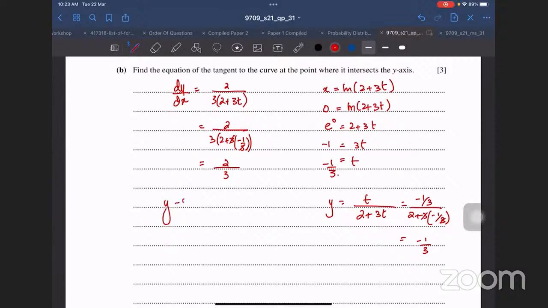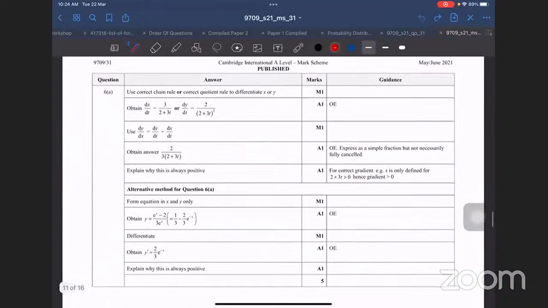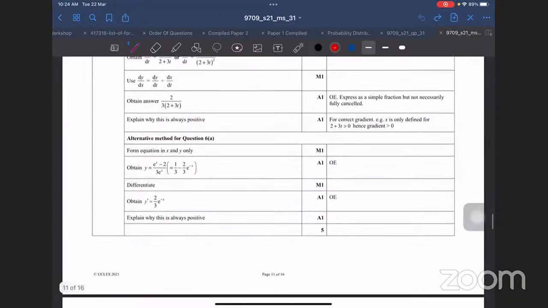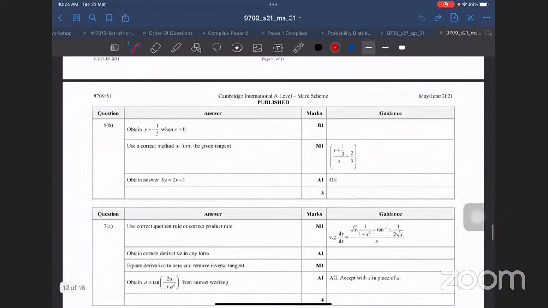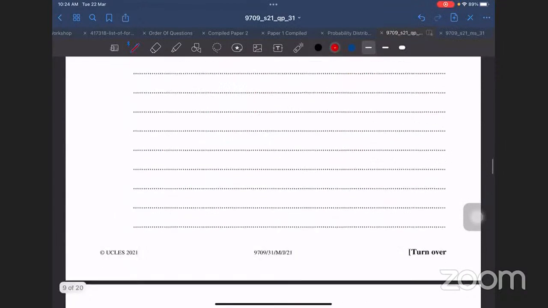Using the formula for the equation, which gives me y plus 1/3 equals 2/3 times x minus 0. So I get y equals 2x over 3 minus 1/3. Okay, that's the correct answer.